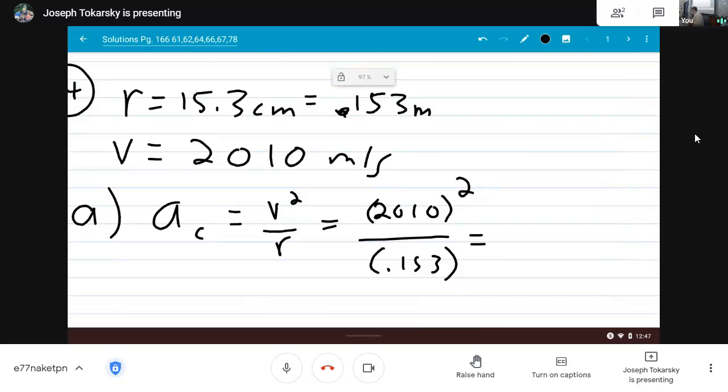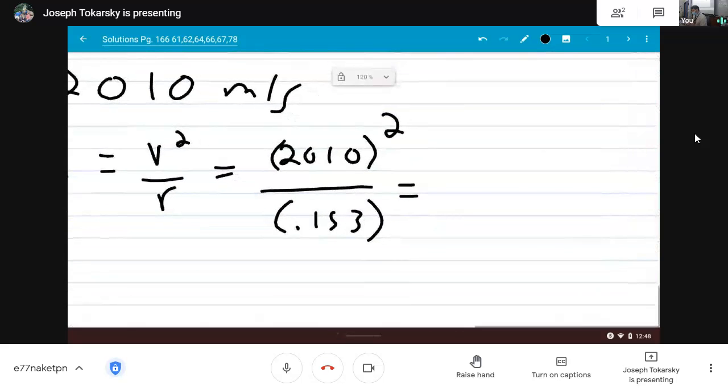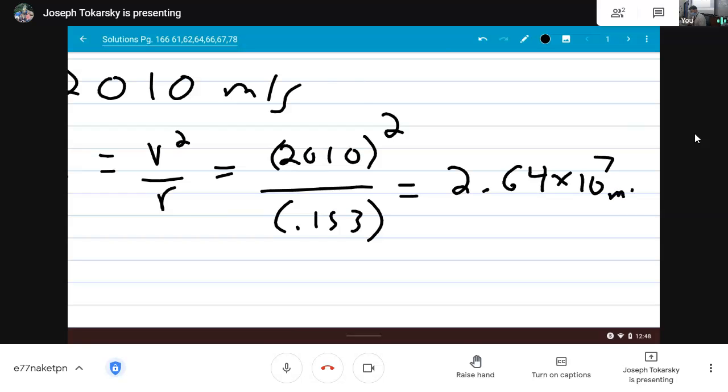This is going to get extra big, which is why I'm going to put the answer in scientific notation. If you didn't, that's fine. But once they start getting real big, it's a good idea to. So in scientific notation, rounded to 2 decimal places, you should be somewhere around 2.64 times 10 to the 7th meters per second squared. That's a really big number.